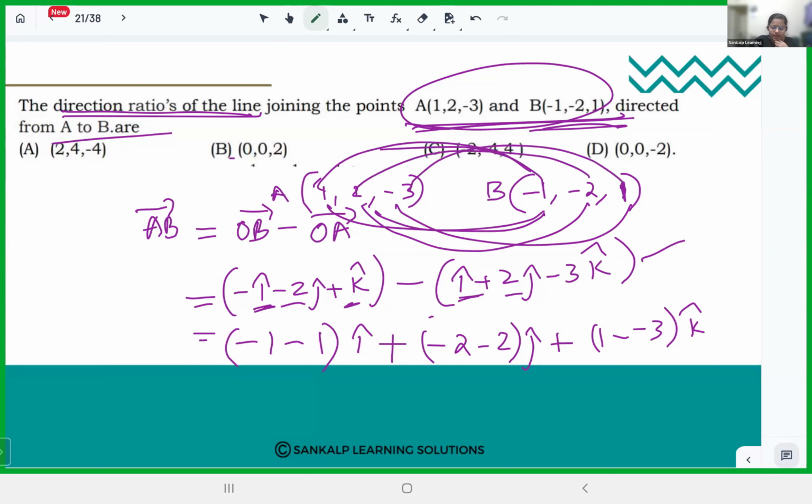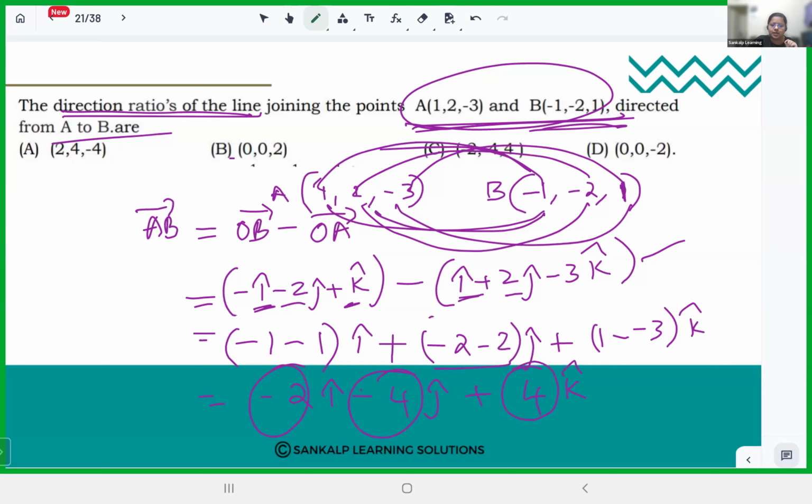So this is equal to -2i -4j +4k. What are the scalar components of this vector? They are -2, -4 and +4.